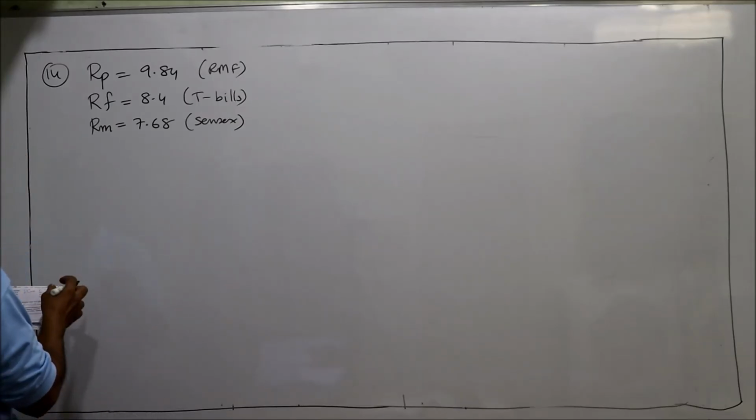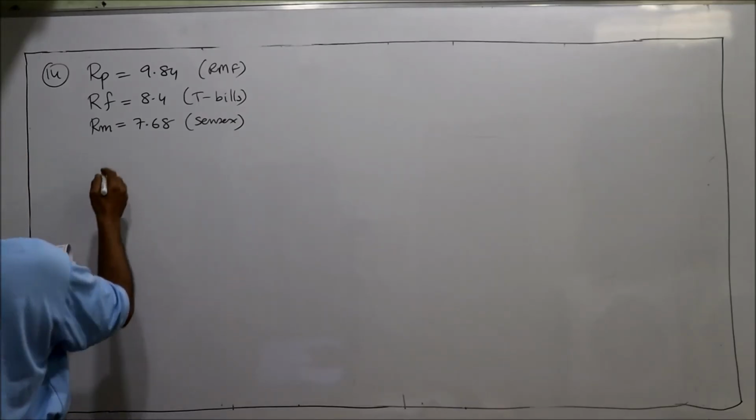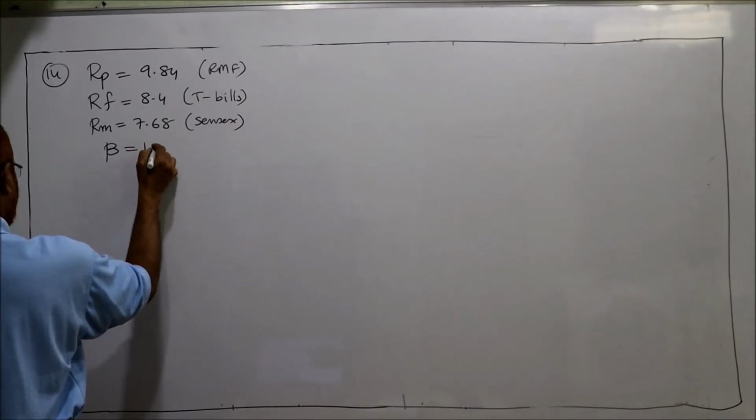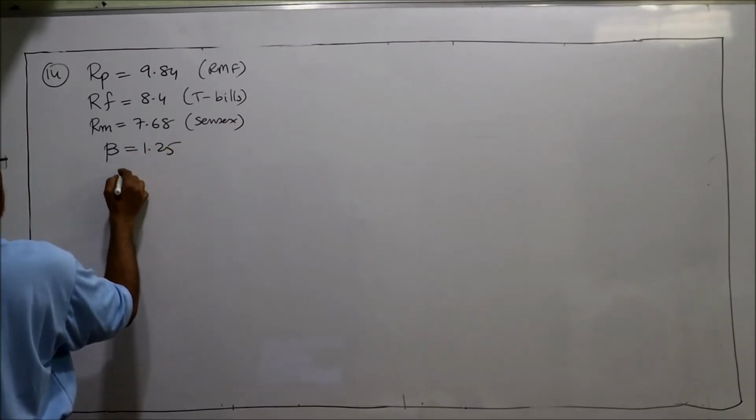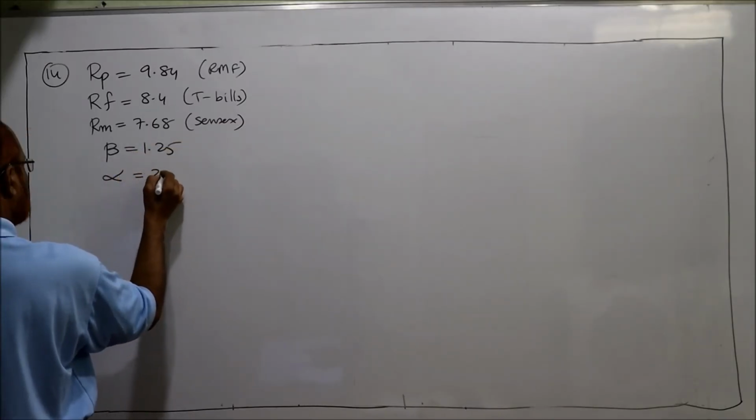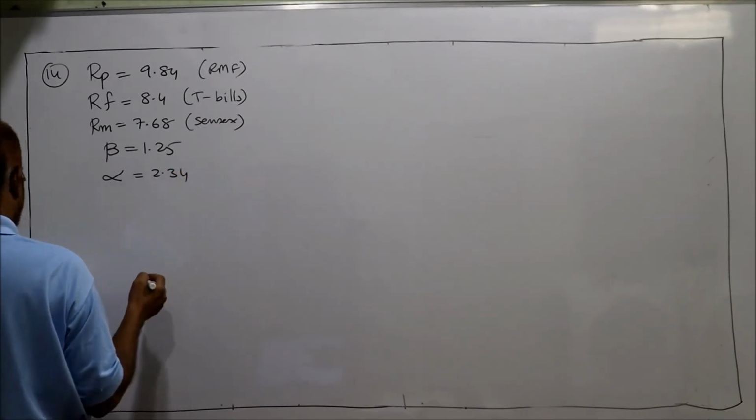RMF. Then you will have beta. Beta is equal to 1.25. Last one, alpha is equal to 2.34.